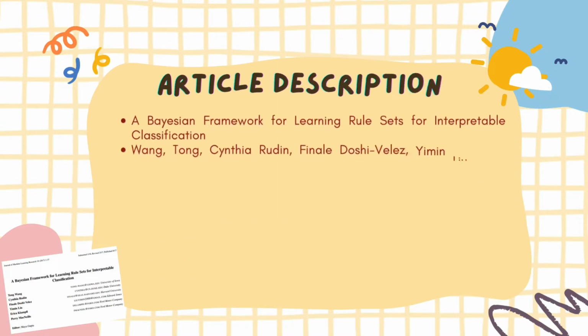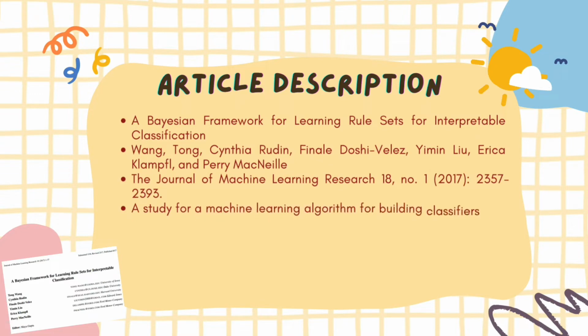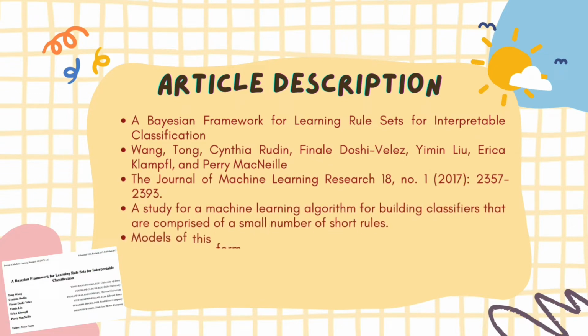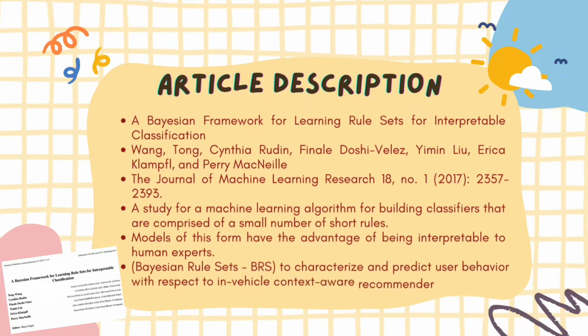Moving on to article description. The name of the article is a Bayesian framework for learning rules set for interpretable classification. This study was conducted by Wang, Tong, Cynthia Rudin, Fina Ledoshi-Velas, Yimin Liu, Erika Klumpf, and Perry McNeil. This article is in the Journal of Machine Learning Research 18, number 1, year 2017, page 2357 to 2393.